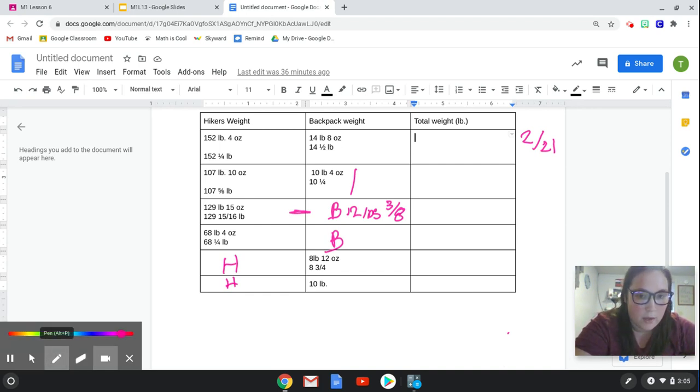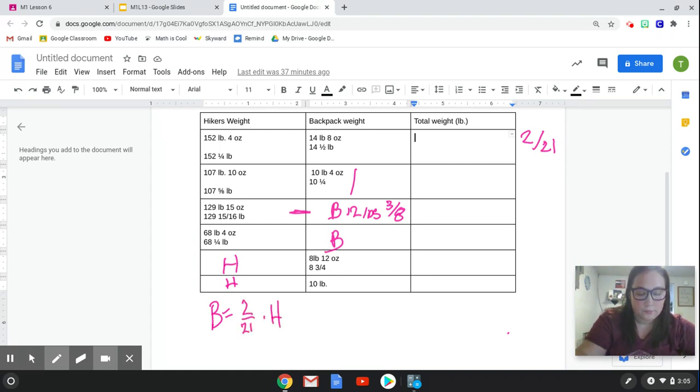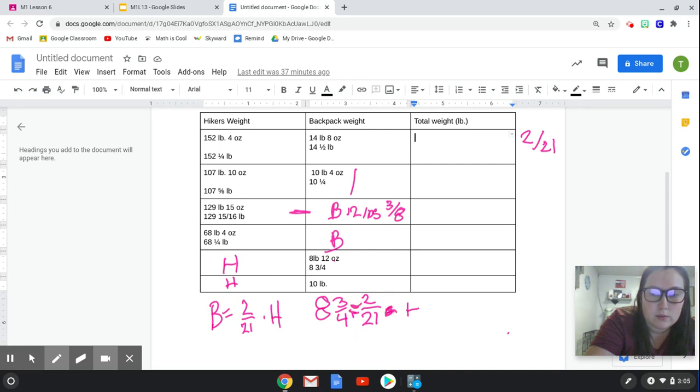I still have my backpack weight equals 2 over 21 times H. And I'm going to just plug in my backpack weight. So 8 3/4 equals 2 over 21 times H. And in order to do this one, I'm going to have to divide.